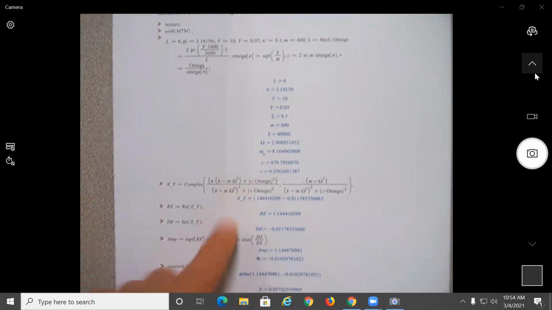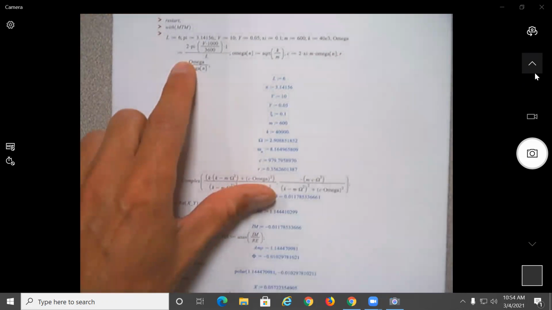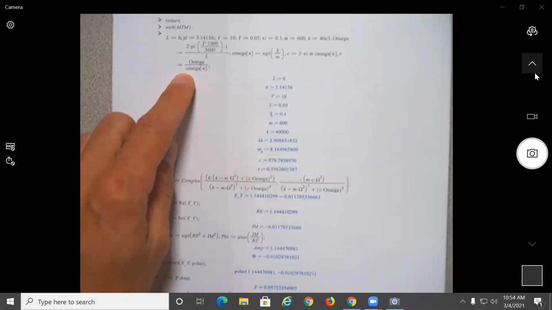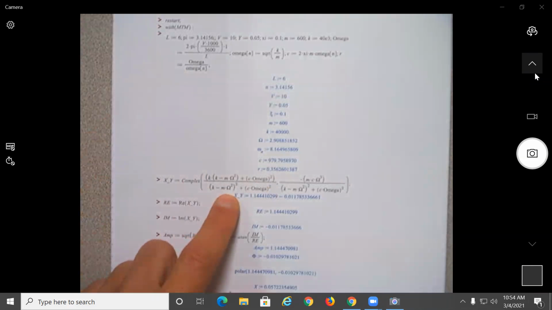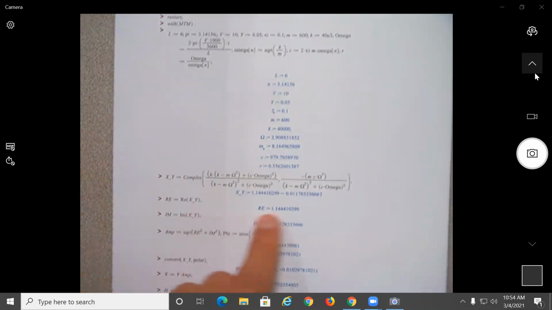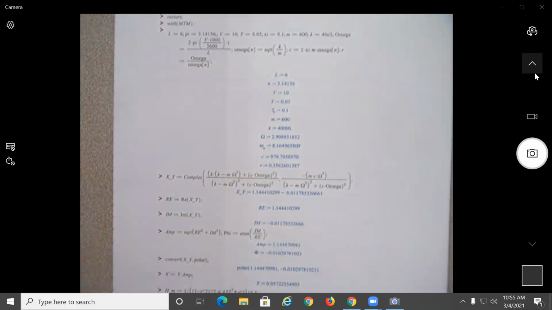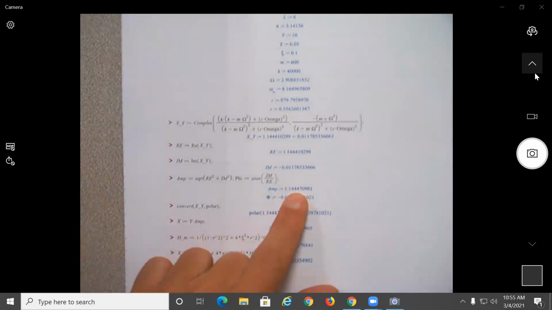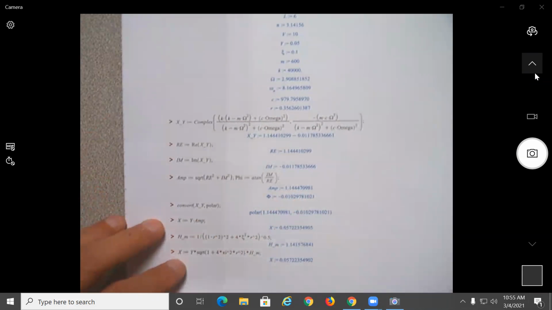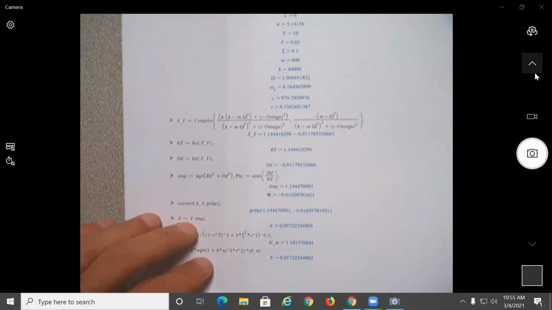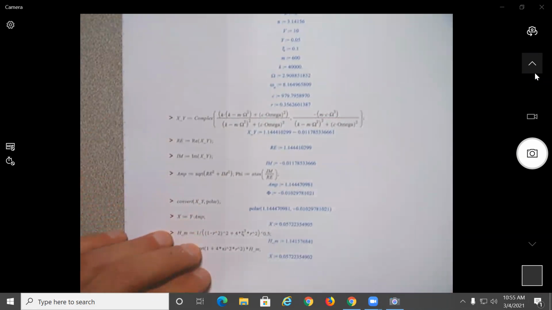But basically for the notation, because this is omega over omega n. But it should be the capital omega. I don't know what I did, but basically I saw over here for the frequencies, for the amplitude 1.1415, and basically just to give you the response, okay? But you don't need to do that in Maple, you can do that in MATLAB. But I will put it also with the notes.